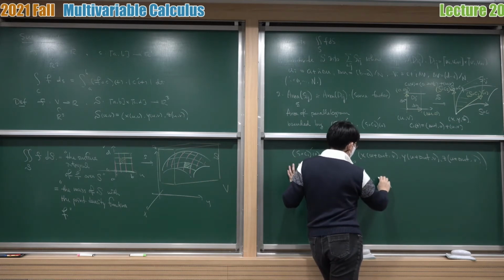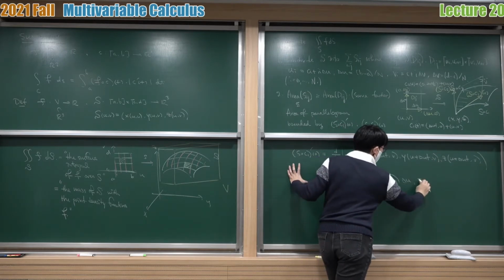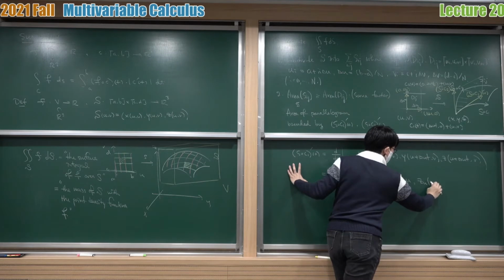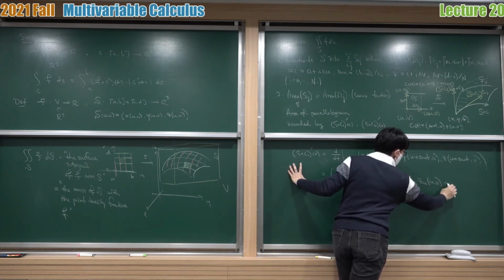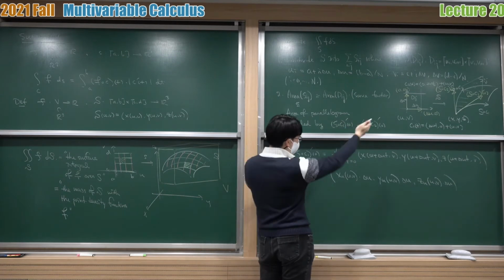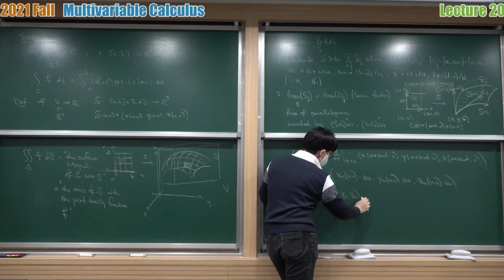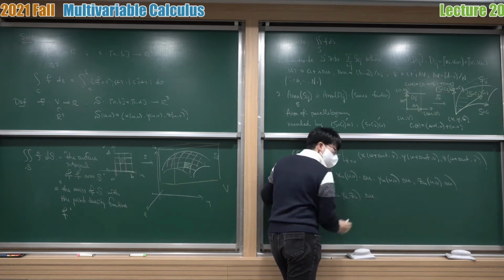We get y_u(u,v) delta u, and z_u(u,v) delta u. So the first vector is (x_u, y_u, z_u) times delta u.